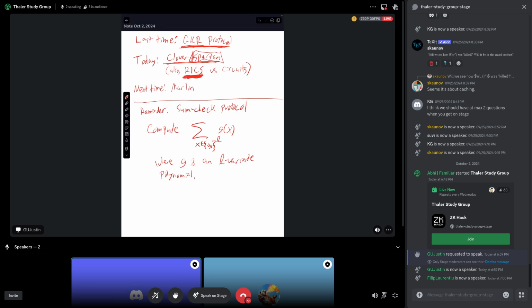So today I'm going to describe actually a predecessor of Spartan called Clover, which uses the same ideas and techniques, and which directly applies to circuits, in the same way the GKR protocol did, and in that way we can understand the trade offs between the approach in Clover and Spartan versus the GKR protocol.